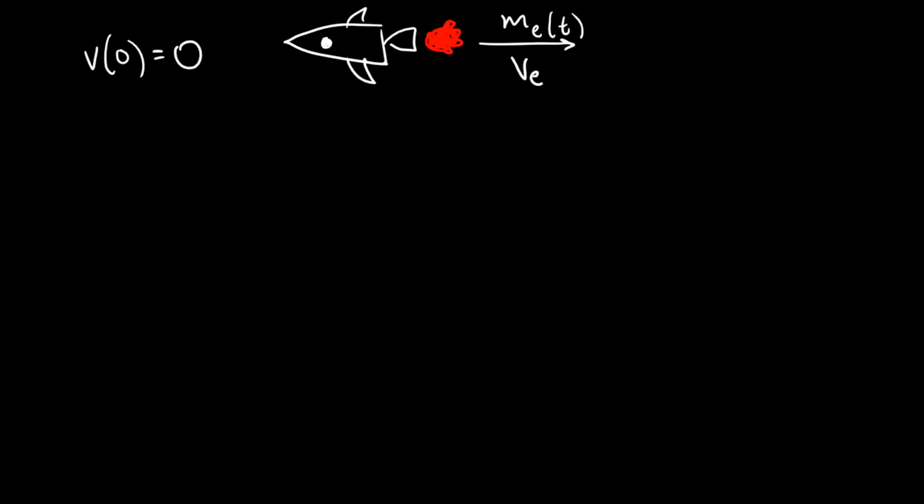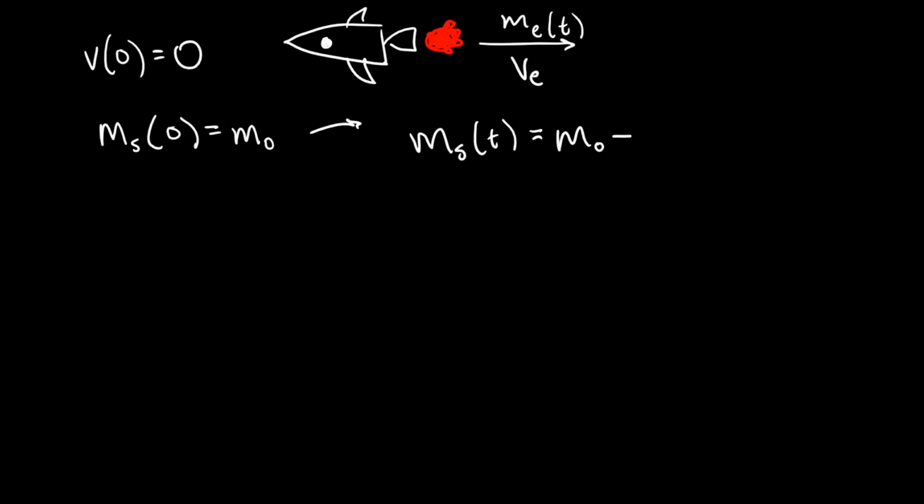We'll say the mass of the ship at time t equals 0 is m naught, and that it's losing mass at a linear rate, which we'll just call r. So m_s of t is going to be the starting mass, and we're losing mass proportional to time.